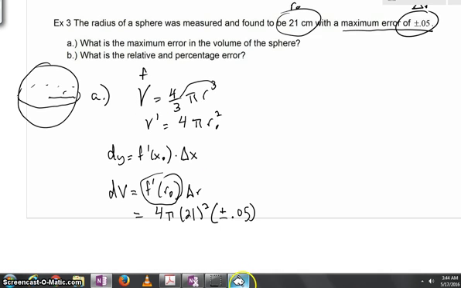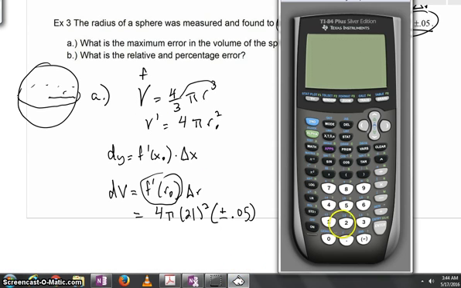Let's work this out and find out just how big our dv might be. We'll have 4. Then we can type in pi 21 squared. Then we can say, let's delete that, bring that down, say times 0.05.